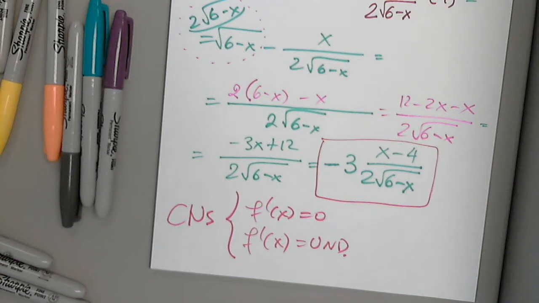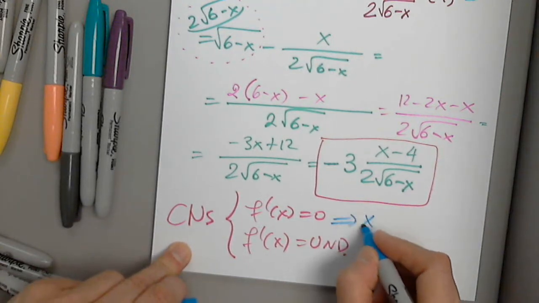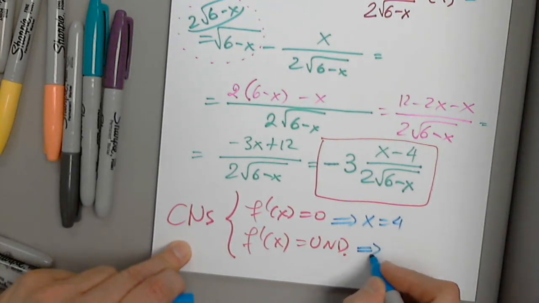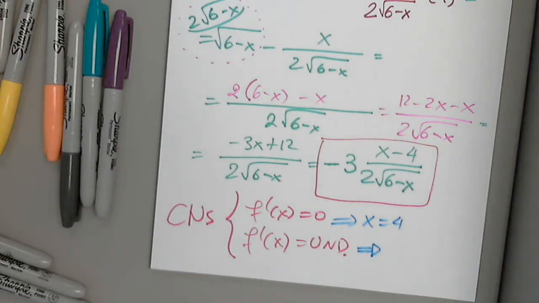Exactly. So from here, I have x equals 4. What about from here? I'm looking for x values for which this function is undefined, but the original function is defined. If they are both undefined at that value, that's not a critical number. But if this one is undefined at 15, and the original function is defined at 15, 15 becomes a critical number.